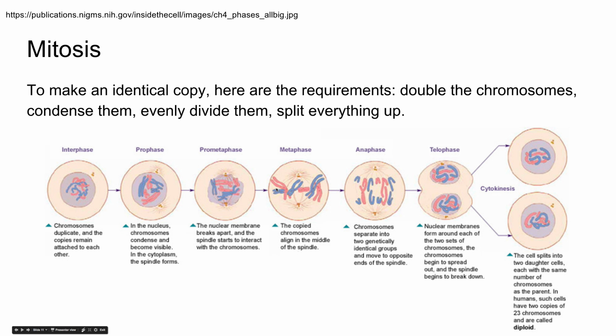When they pull, they split apart the chromosomes, or what we'll say is we separate the sister chromatids, and the chromosomes move to opposite sides of the cell.